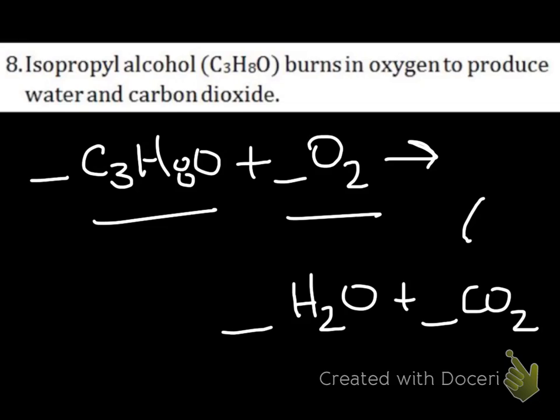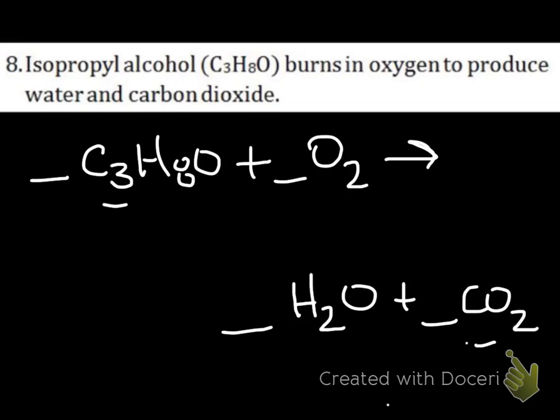Since this is a combustion equation, I need to start with the C's first, and then I'm going to balance the H second, and lastly the O. I have 3 C's on the reactant side, but only 1 on the product side.